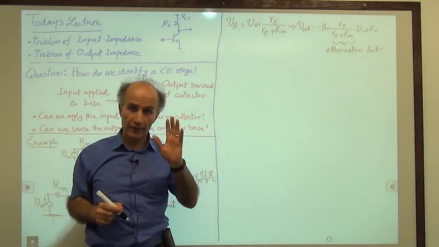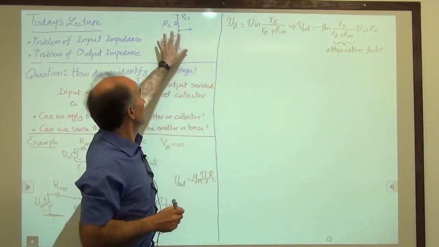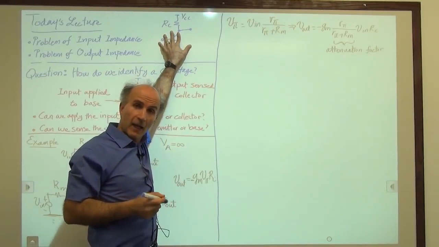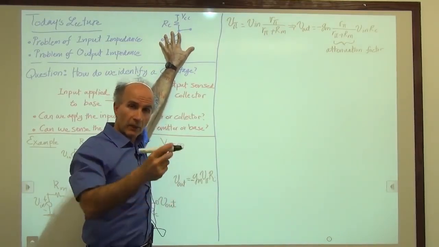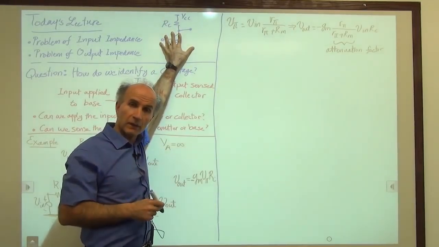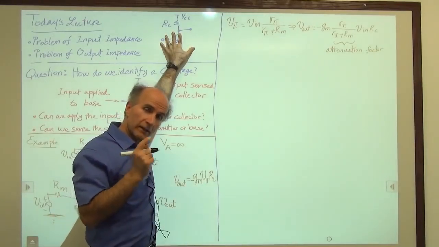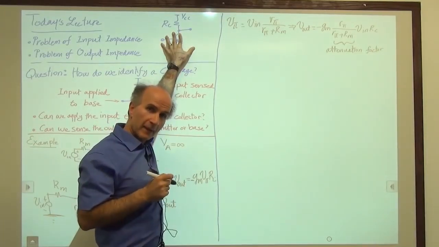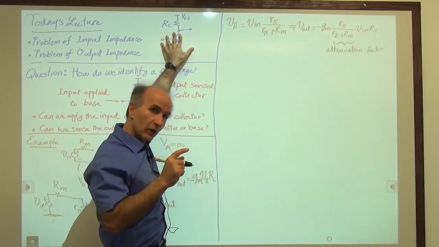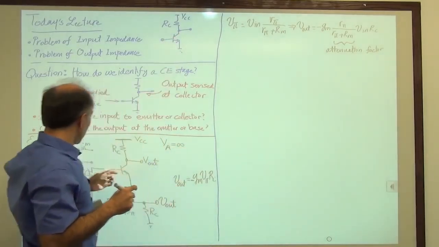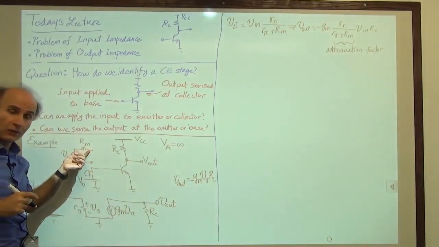If I have a simple common emitter stage and say the gain is minus 10, minus 20, or whatever, that does not tell me what happens if I connect a microphone to the input with a finite internal resistance.